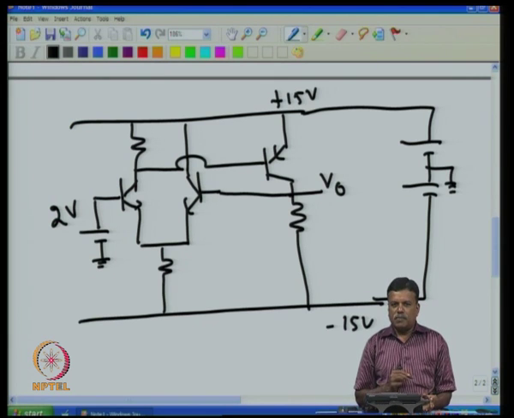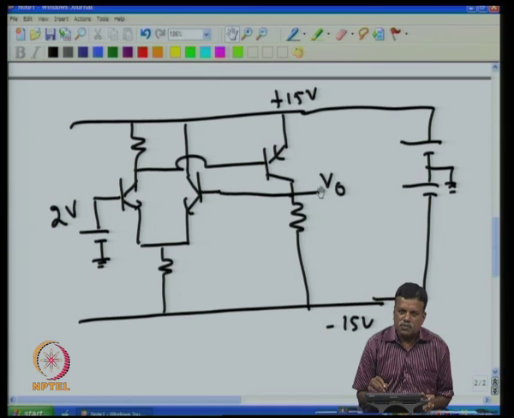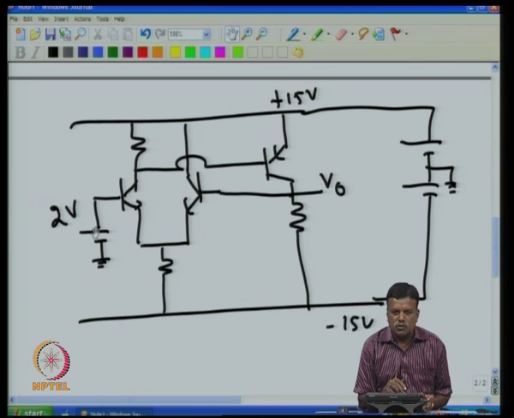You will be surprised that I have given 2 volt with respect to ground, and the output V0 is also 2 volt with respect to ground. This 2 volt will not change even if I change this or this, or the temperature of this or this, whatever the change, it will remain 2 volt as long as the input remains at 2 volt.